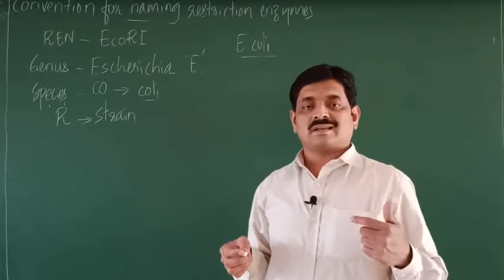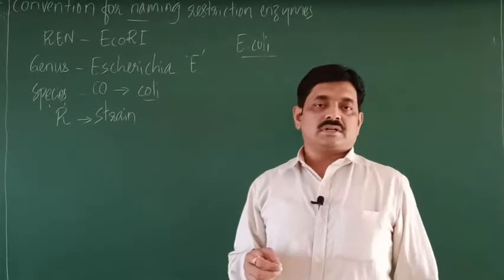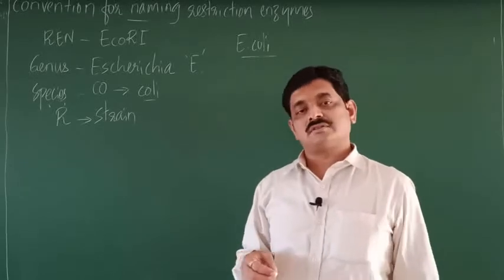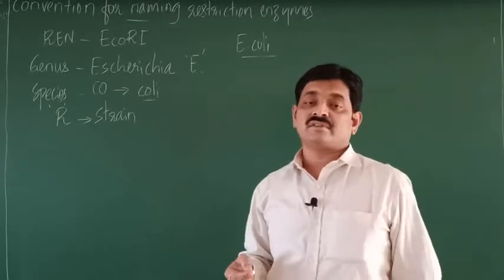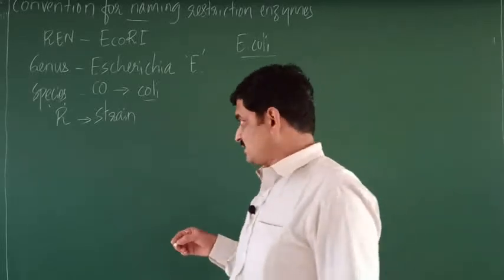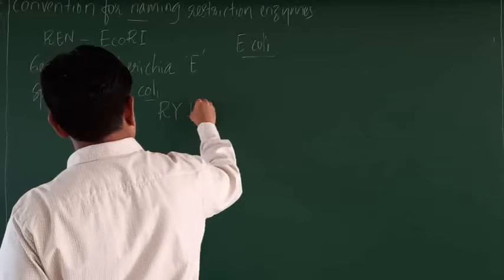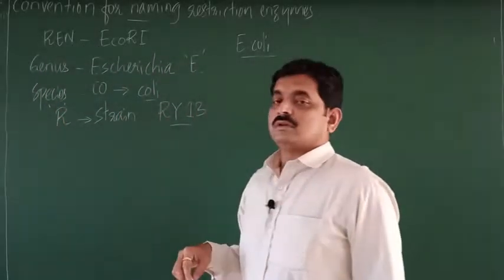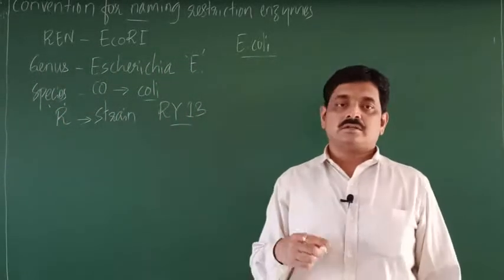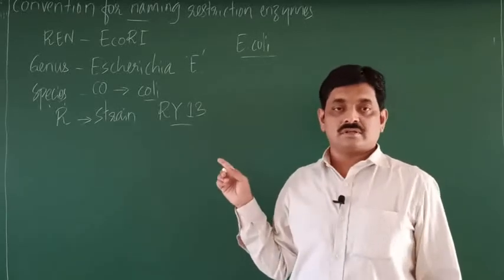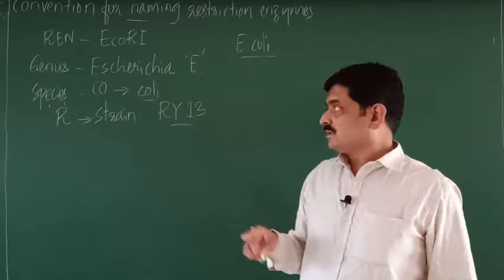Strain can be called the type, right? So capital R indicates a particular type or strain of this bacterium. That strain is RY13. So RY13 is the strain of this bacterium.